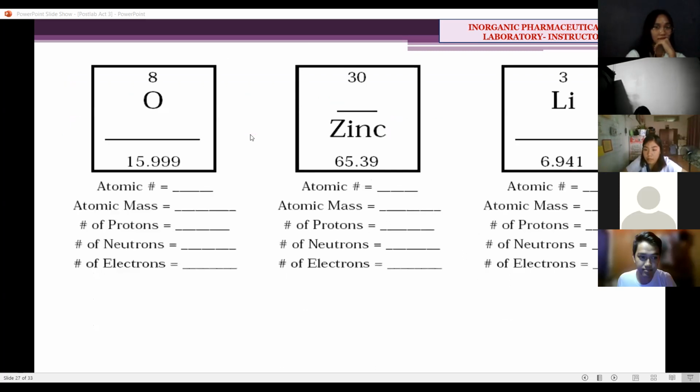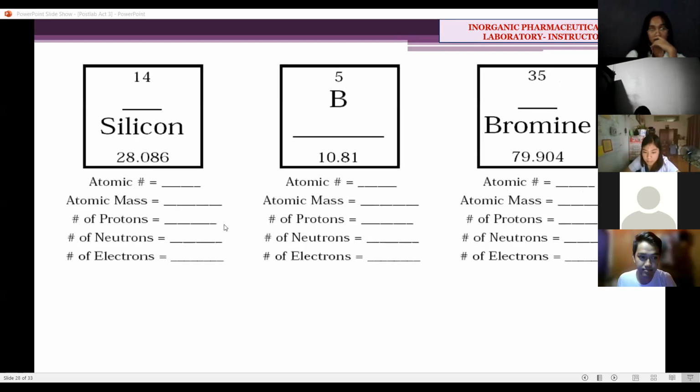Now this will be your assignment. Take note, next week pa ang deadline so that you'll have more time to work with this. In any piece of paper, you have to answer the following: atomic number, atomic mass, number of protons, neutrons, and electrons for the given in the screen. So we have oxygen, zinc, lithium, silicon, boron, and bromine.